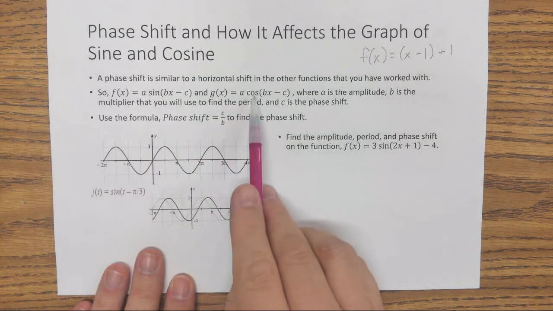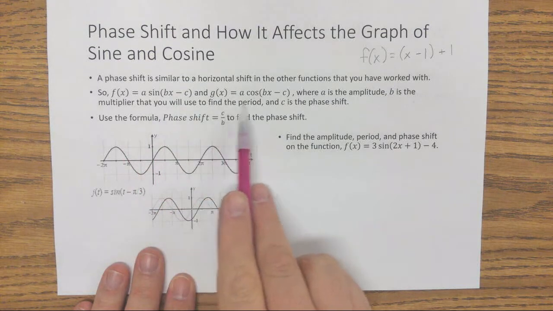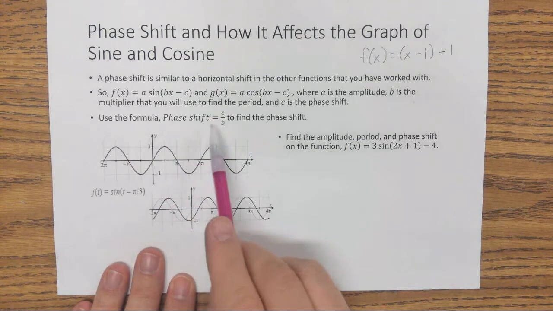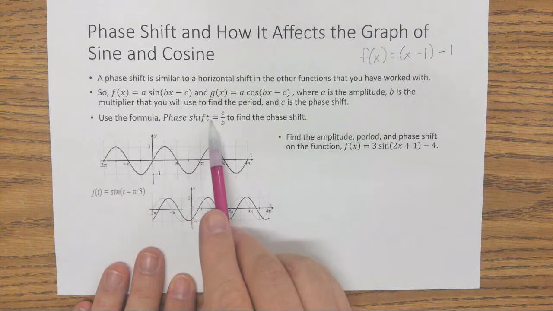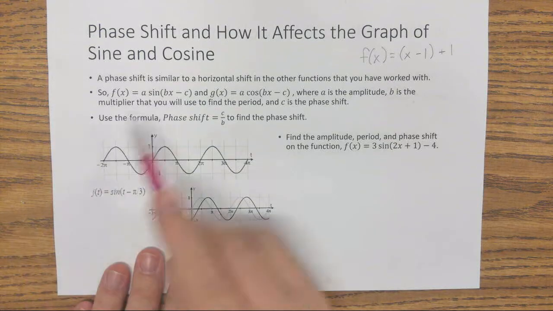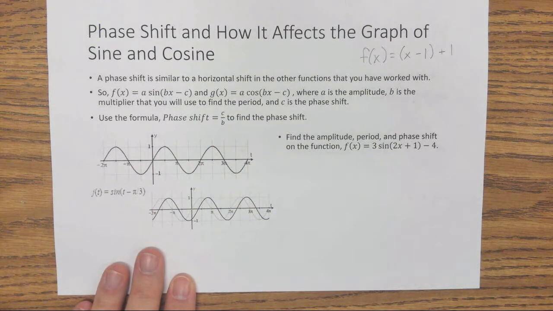Same way with cosine. A is the amplitude, b is the multiplier that you use to find the period, and c is the phase shift. There's another little formula here that you use. And that is that the phase shift is equal to whatever the c value is divided by the period. We essentially had to factor out the period in order to find our phase shift.